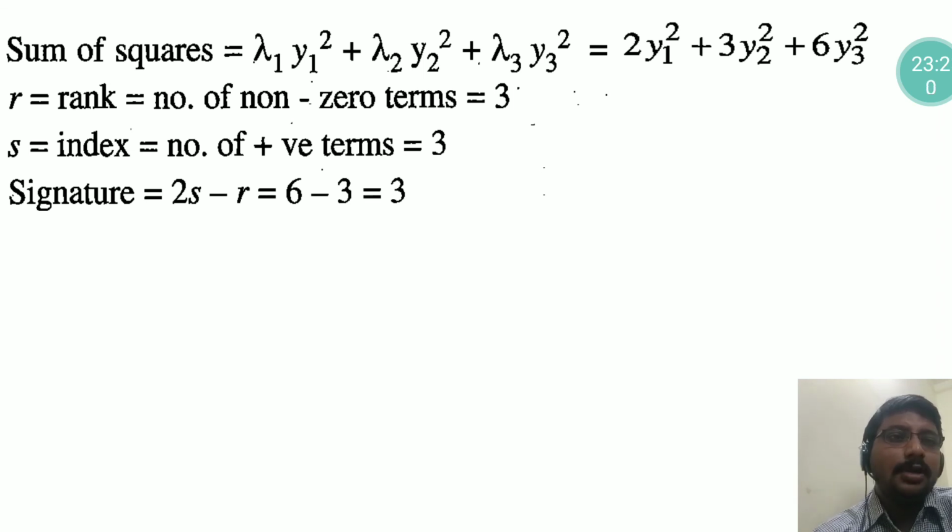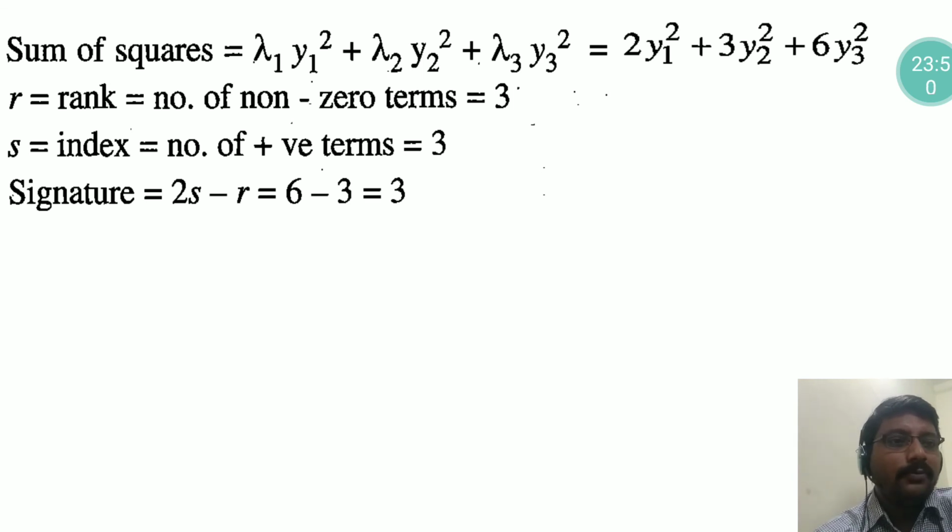In the fifth step, we define the normalized model matrix, which is formed with these normalized eigenvectors. In the next step, we form the diagonalization, that is D is formed with P inverse AP or P transpose AP. In the next step, we find the canonical form, that is Y transpose DY. In the last step, we define the orthogonal transformation, which is given by x equal to Py.